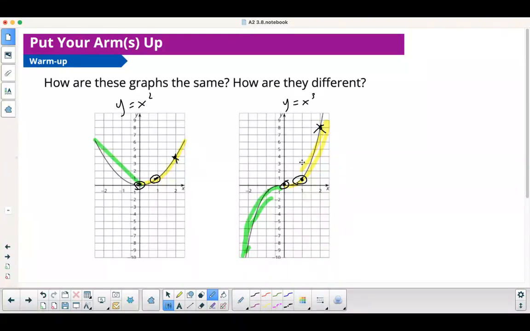So really the right side isn't exactly the same. Same general shape, same end behavior, but not perfectly the same, because 2, 4 is over here, which my graph does not go through. This one looks wider; this is more steep. So a lot of similarities, a lot of differences.